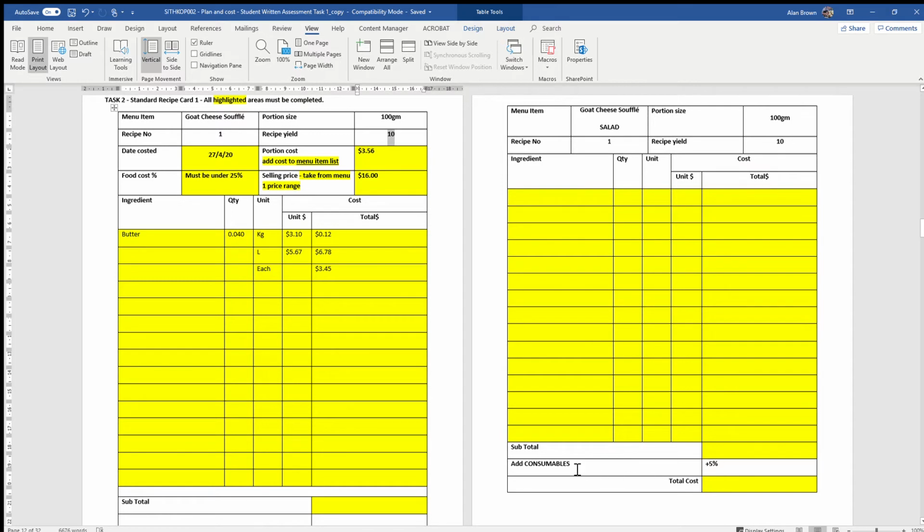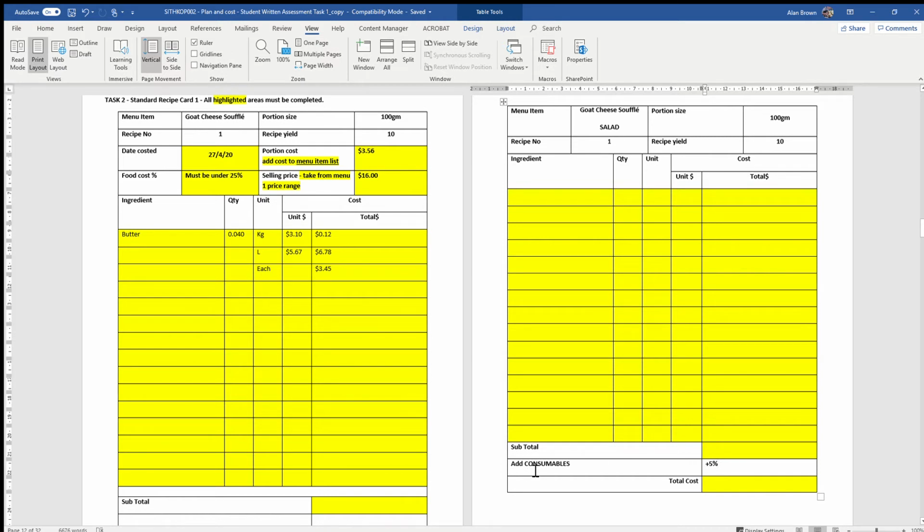Then you're going to add 5% onto that total cost. A consumable is cling wrap, salt and pepper, spray oils, Glad Bake foil, whatever you're going to use. You're cooking a souffle, so you might need to put something on top of them, although they do puff out. There might be other things you use as consumables as well.